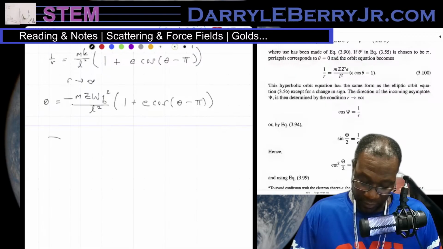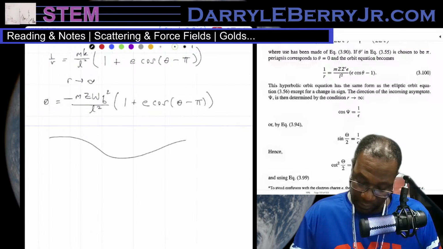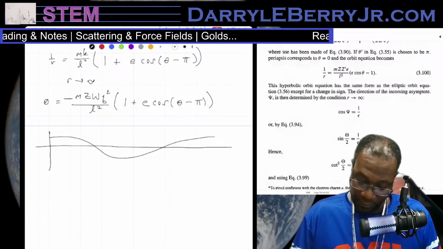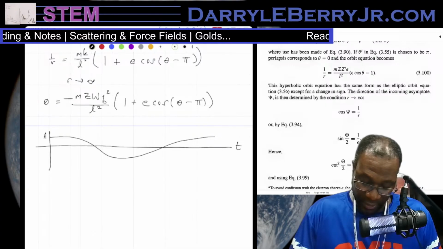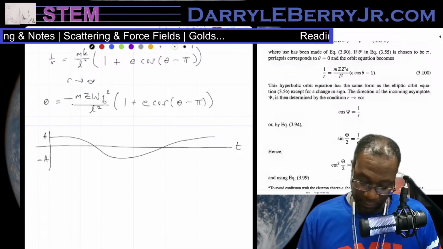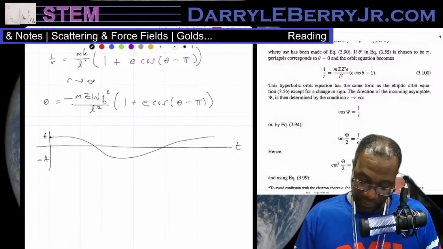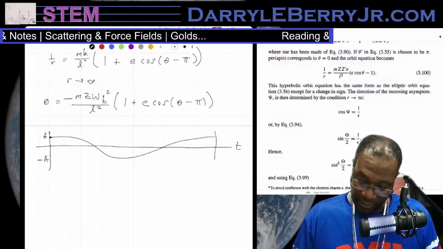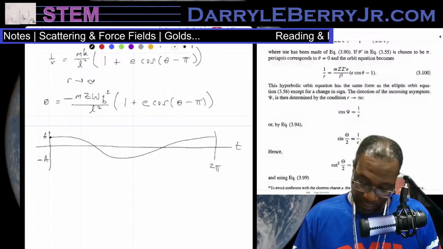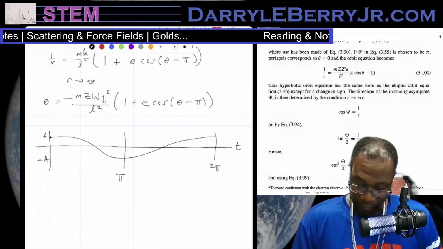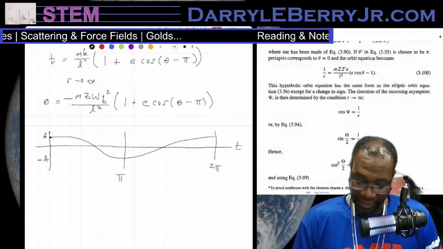We have a cosine wave. It looks something like this. And this would be negative a. This would be 2 pi. This would be pi. So that's cosine theta minus pi.